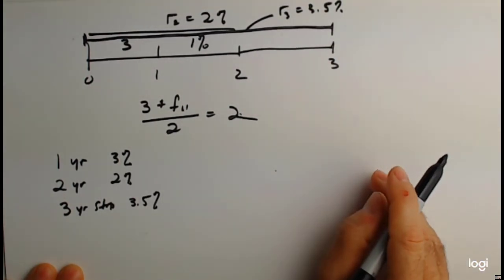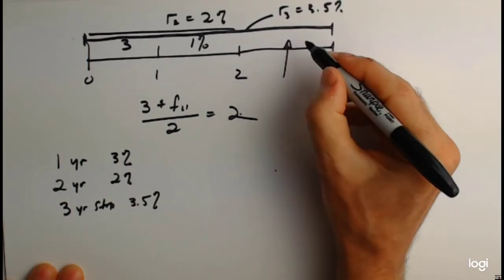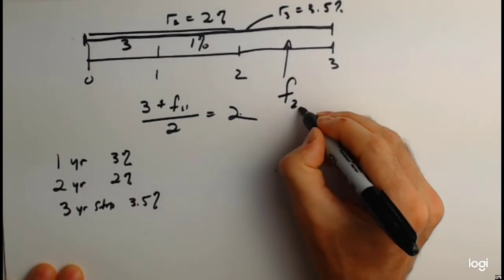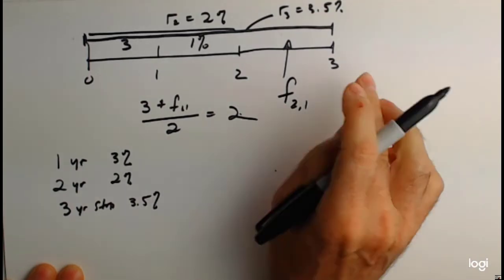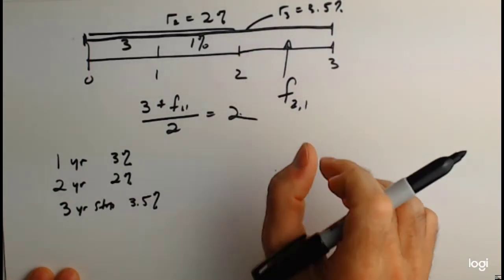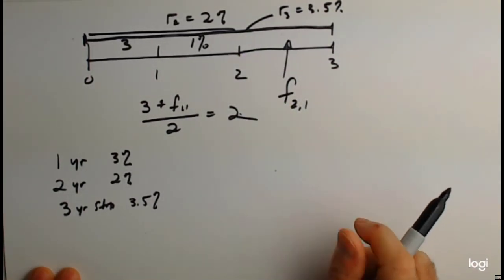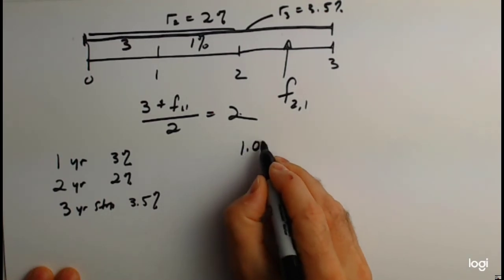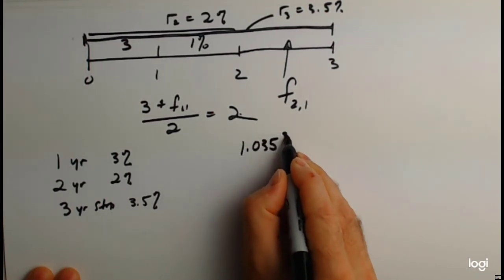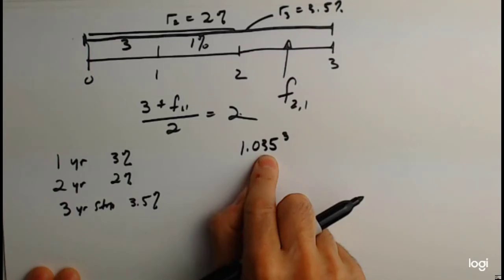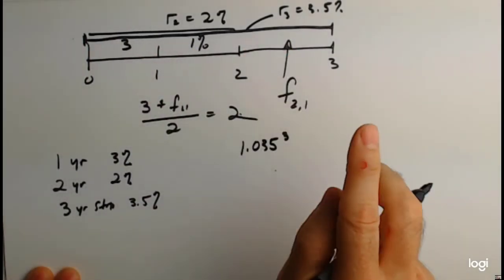The question becomes, what is this interest rate that starts 2 years from now, this forward rate 2 years from now, covers 1 period? What is that future interest rate? Well, it's going to be 1.035 to the 3rd power, because you're going to get 3.5% for 1, 2, 3 years.